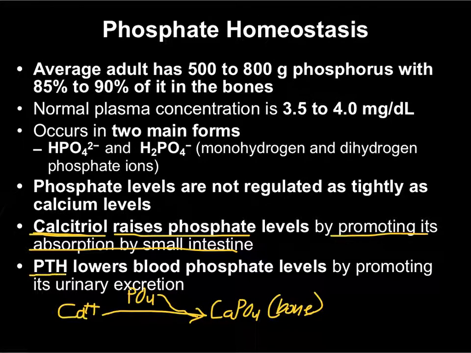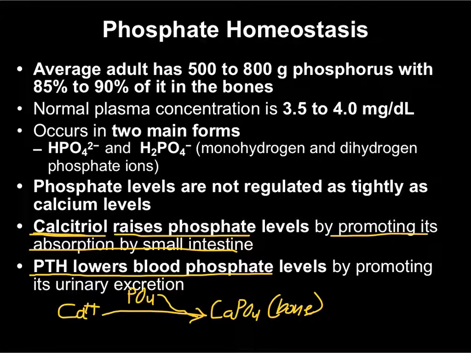Parathyroid hormone lowers blood phosphate levels by promoting the excretion of phosphate in the urine. Why would that be? Well, parathyroid hormone acts to raise blood calcium levels by dissolving your bone, not by getting calcium from the outside.